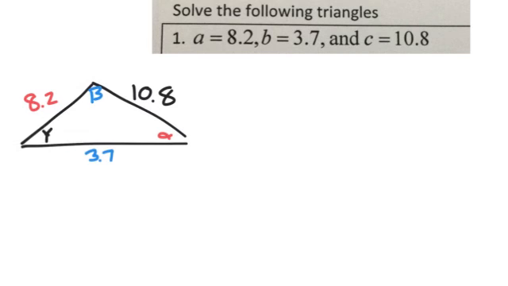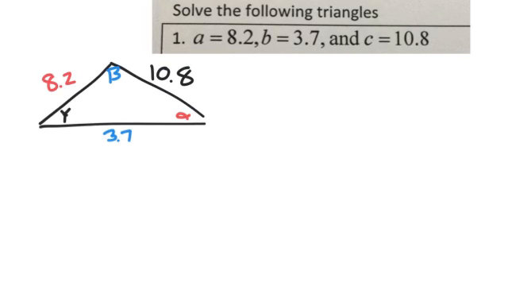Okay, so because we're dealing with side, we're going to find this largest angle first. So the largest angle will happen across from the largest side. So I'm going to first find gamma. So again, that means this side is the one that's isolated. So I can think about it as being the last formula, c squared. So when I start plugging in, that's going to be c squared equals, now we square the other two sides.